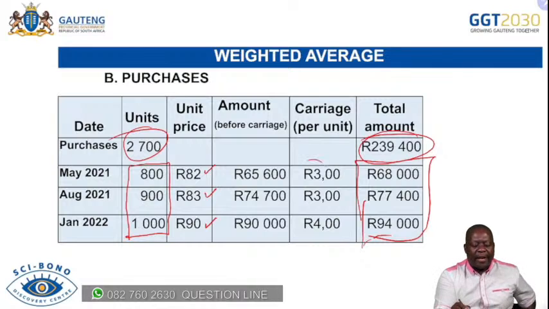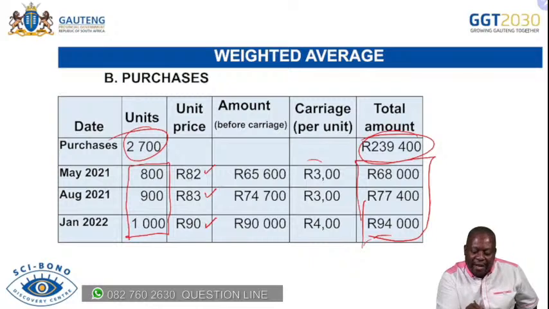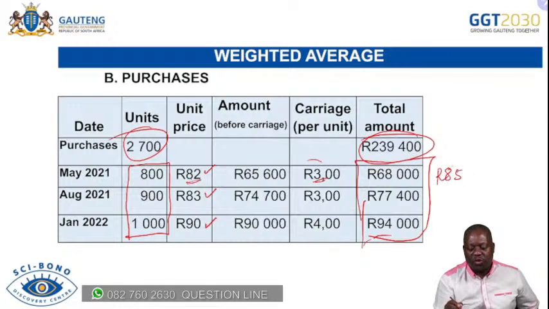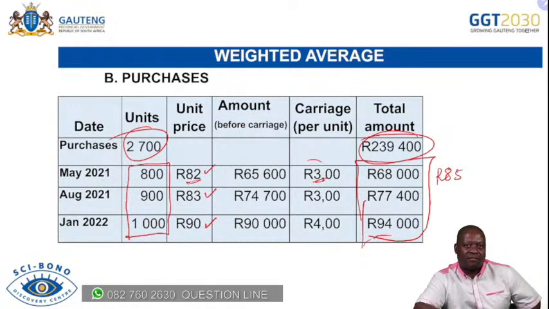When carriage is added, it means the price for this item is 82 rand to buy it in May and 3 rand to carry it. So the price we are paying per item is 85 rands. I guess you can see what I'm trying to drive at.